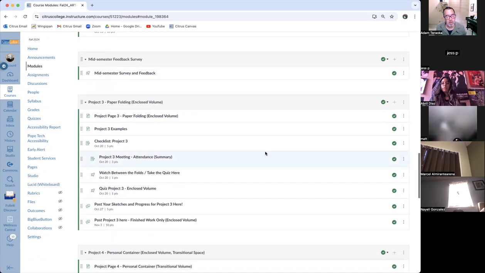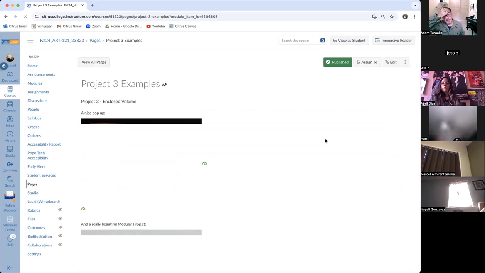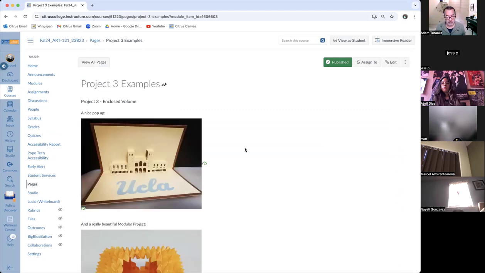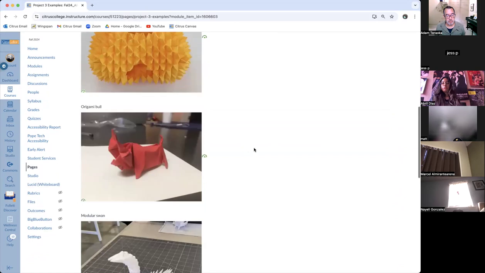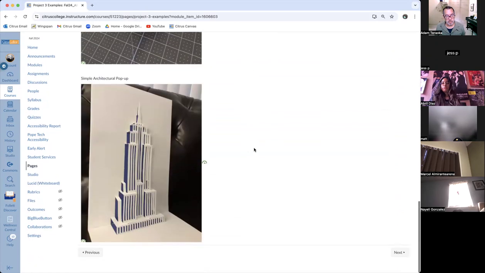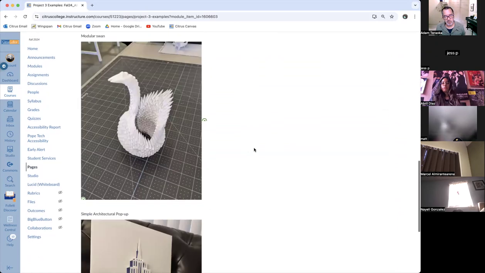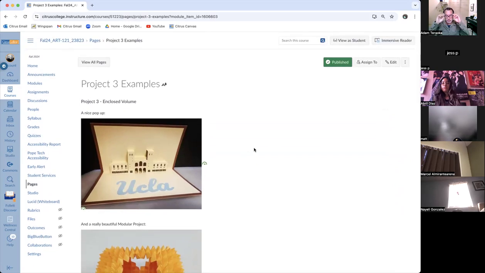Project examples. I'm probably going to add more project examples, so keep an eye on this page because I'm going to update it because I got a lot more.